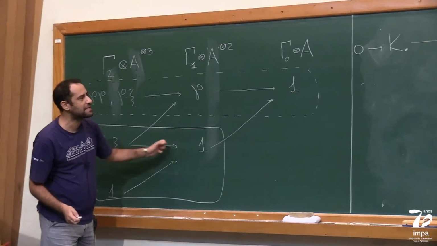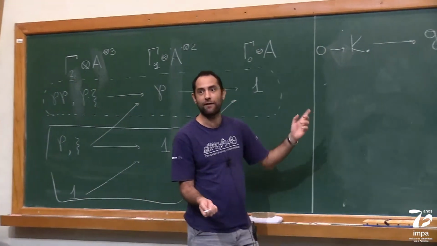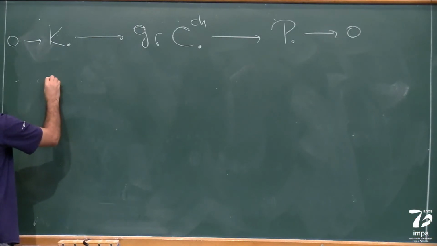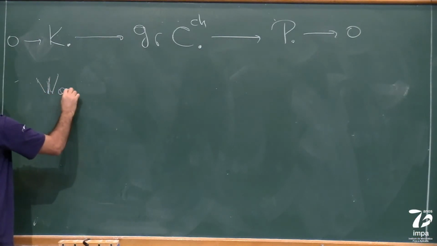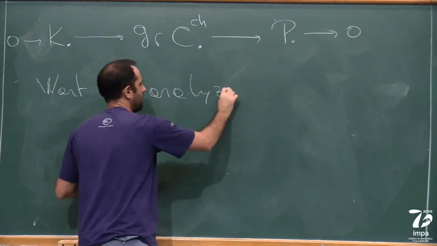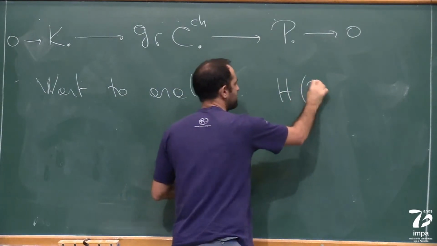Well, the first thing I notice is that this P will not have homology in degree 0. So I want to analyze the homology of this complex P dot.